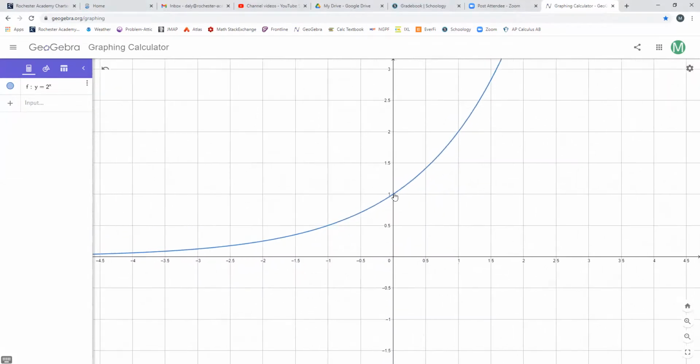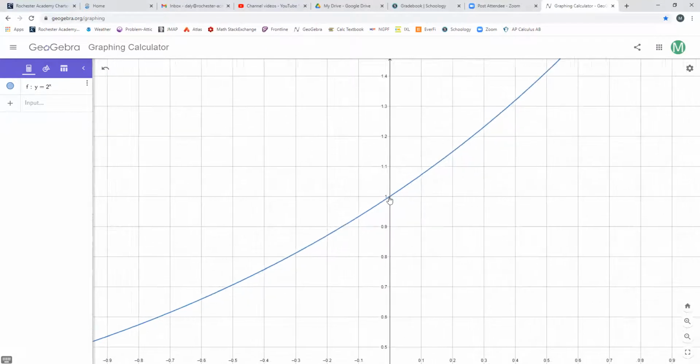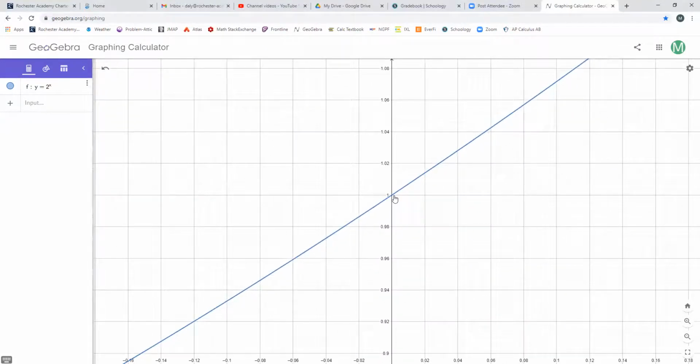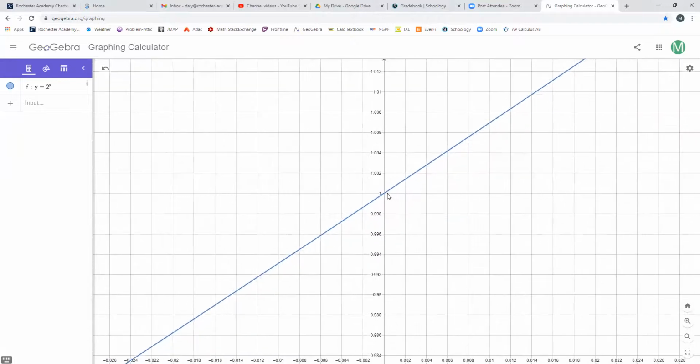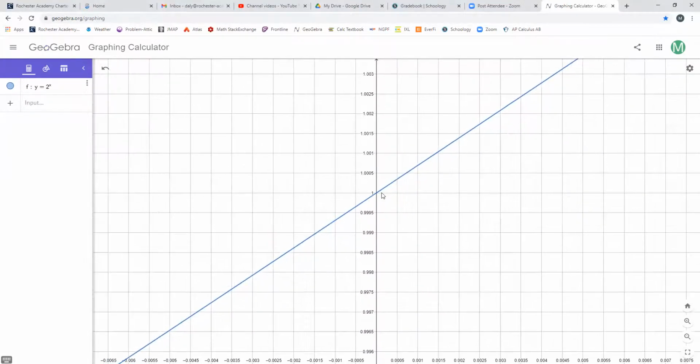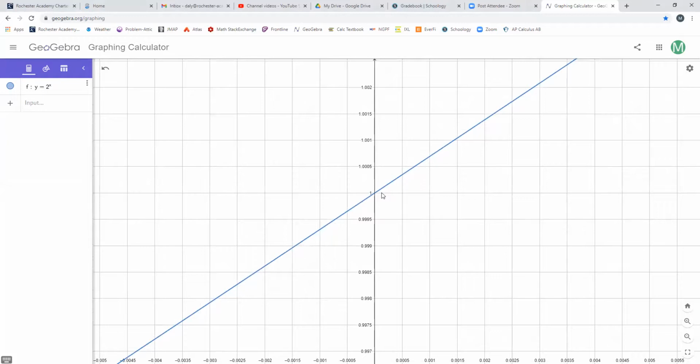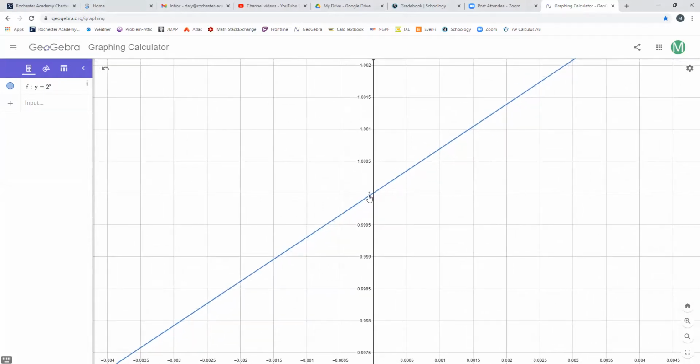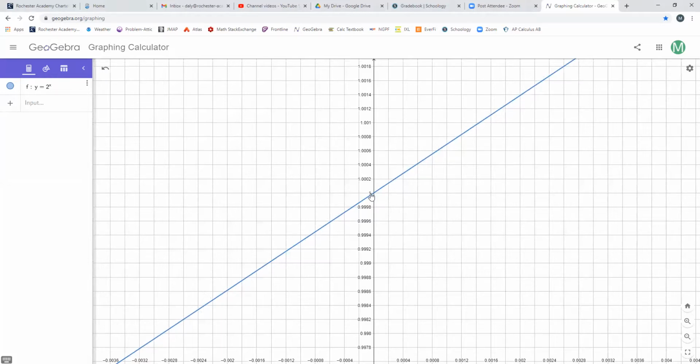I am zooming in here where my y value is equal to 1, and the slope here is not equal to 1. Well, this looks okay. I can use this as a grid point. So going up 1, 2, 3, 4, and over 1, 2, 3, 4, 5, 6. Is that the same as going up 1 and over 3? You're going up 1, 2, over 3.